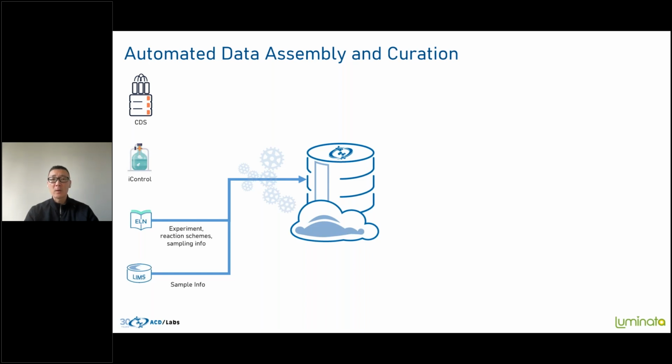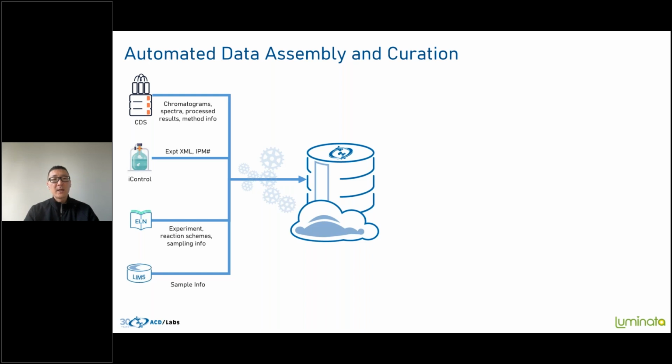We can pull that into our Spectra environment. We can access the results from your iControl reaction monitoring system, so we can parse through that information. We can look at all your reaction conditions and correlate as a scientist in the lab extracts in-process materials that they will want to run on the CDS system to see how the reaction is progressing.